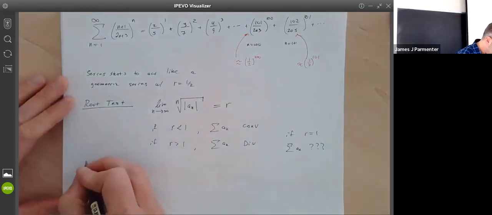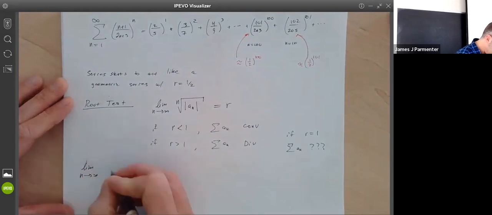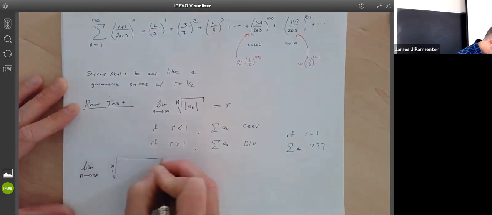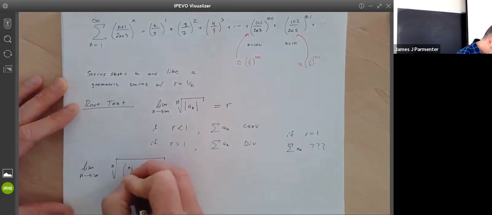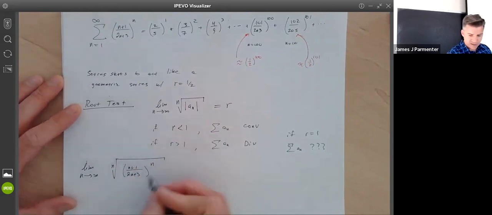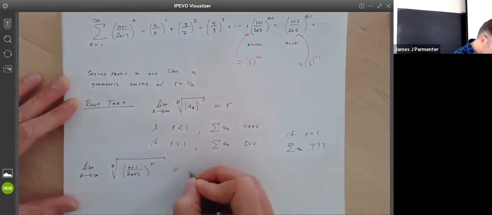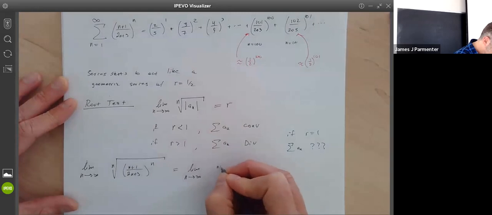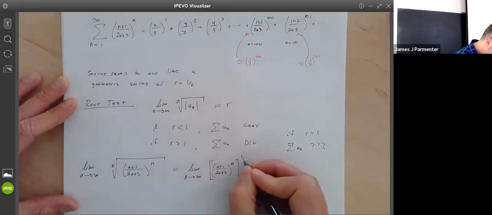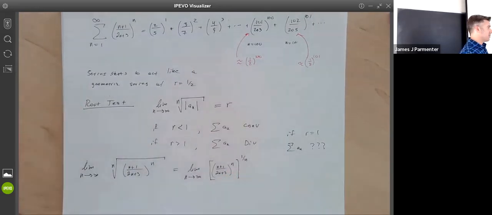So if we apply the root test, we take the limit as n goes to infinity of the nth root of ((n plus 1) over (2n plus 3)) to the n. This is almost never the way I like to write it. I prefer to write it as the limit of ((n plus 1) over (2n plus 3)) to the n, all to the 1 over n power, because the nth root is the same as the 1 over n power.